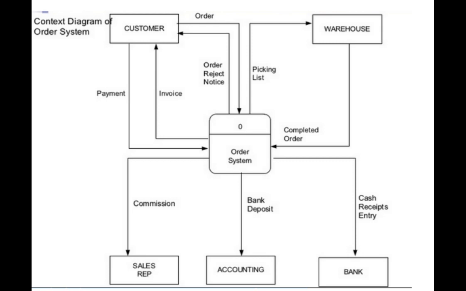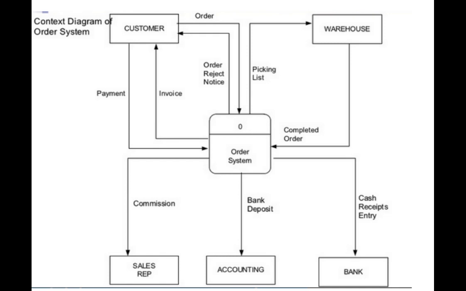This is a sample context diagram of an order system. An order system that a company uses to enter orders and apply payments against a customer's balance can be represented with this type of context diagram.